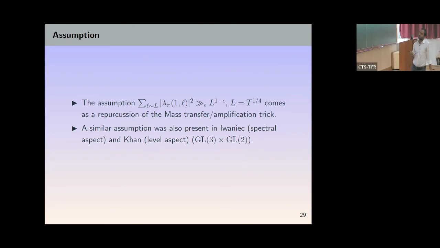So he also has to assume such a condition. We only know that this L2 norm is bounded by L to the power 1/3. But even if we can show that it is bounded below by, let's say, L to the power 1/2, that will suffice for our purpose. But we don't know that. Anyway, we expect this assumption to hold for all GL3 forms. So it's not anything mysterious.